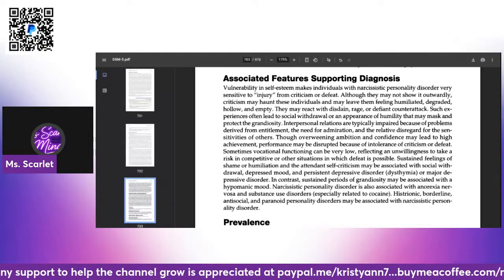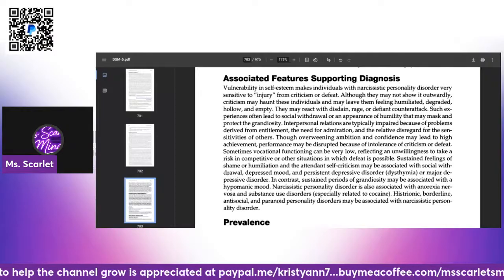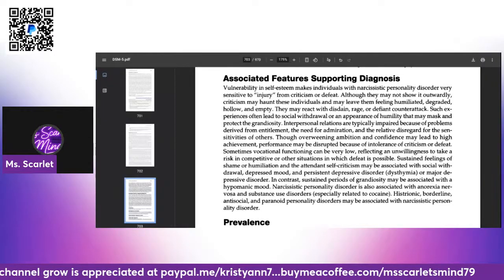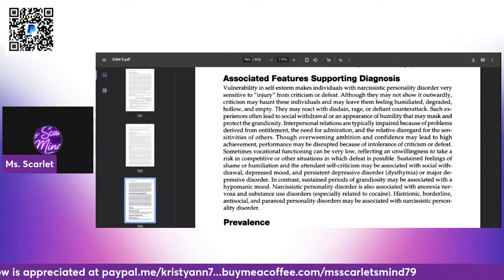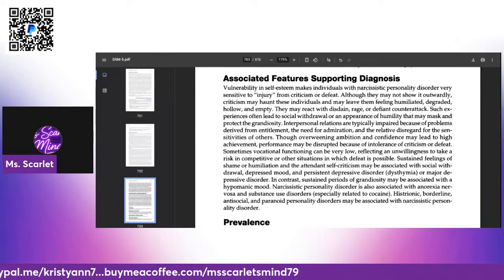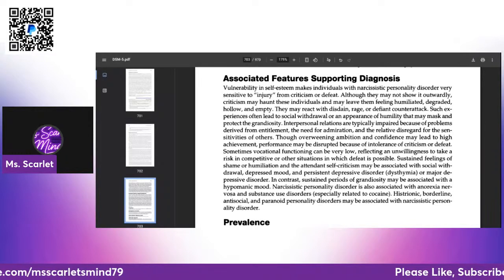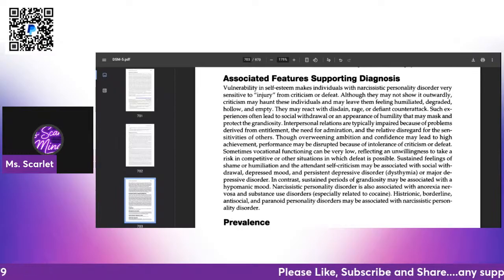In contrast, sustained periods of grandiosity may be associated with a hypomanic mood. Narcissistic personality disorder is also associated with anorexia nervosa and substance use disorders, especially related to cocaine. Histrionic, borderline, antisocial, and paranoid personality disorders may be associated with narcissistic personality disorder.